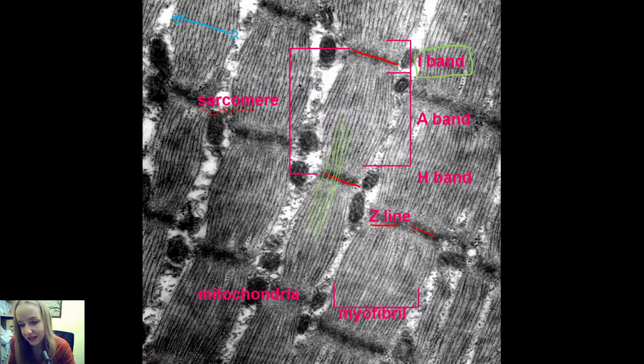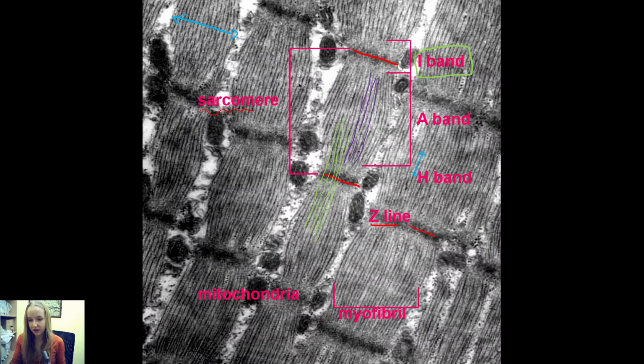So we can see these thick electron dense lines, and these are the thick filaments. So the A band, containing thick and thin filaments, is in the middle. Then we have H band sometimes, but it's very hard to see. Probably it's just this part over here.